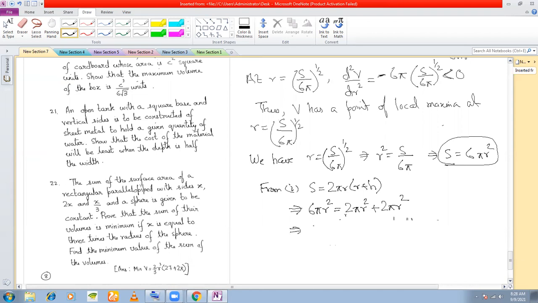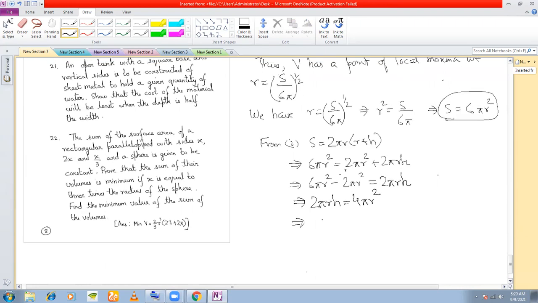That means you get 6 pi r square minus 2 pi r square is equal to 2 pi rh. That means 2 pi rh is equal to 4 pi r square.